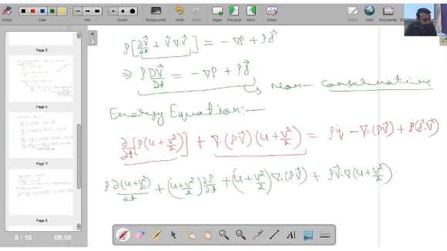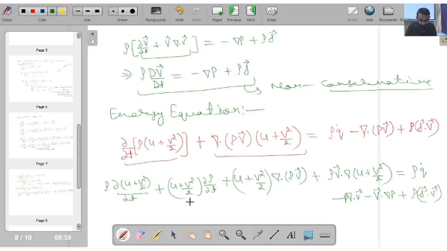On the right hand side, the first term will be rho q dot only, then the second term, minus p times divergence of v vector, minus v vector times gradient of p, plus rho f vector dot v vector.